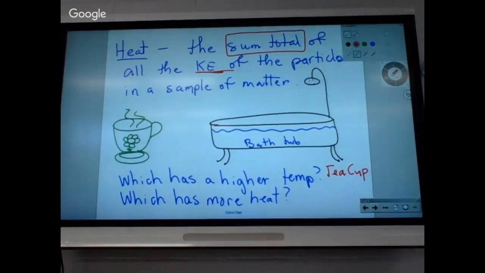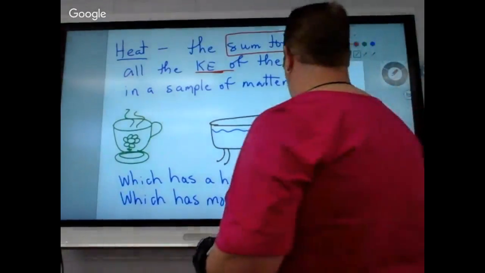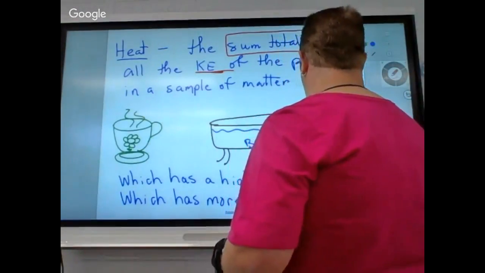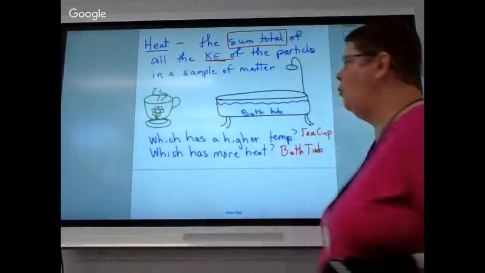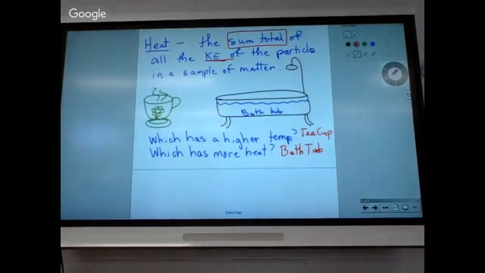Which one has more heat? The bathtub. Okay. Now, we need to talk about why. Why would the bathtub have more heat?